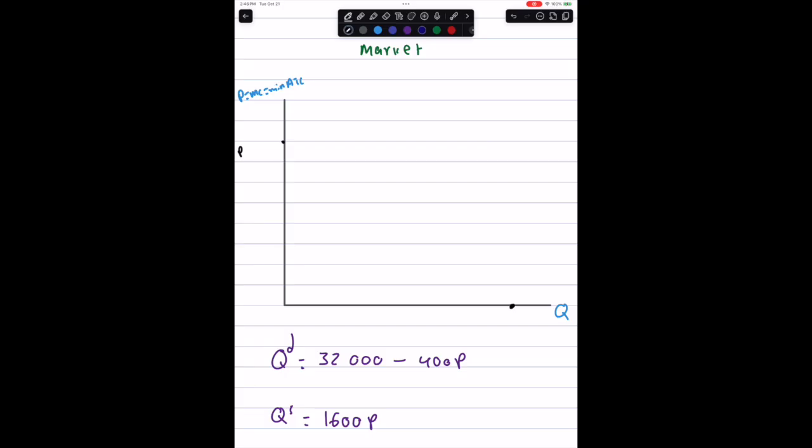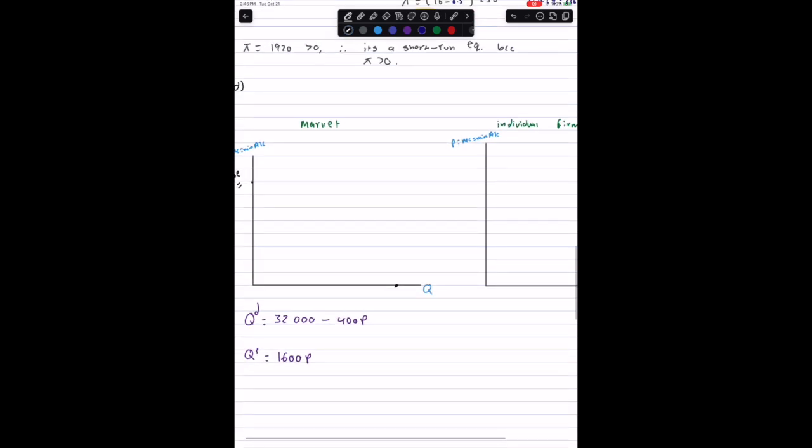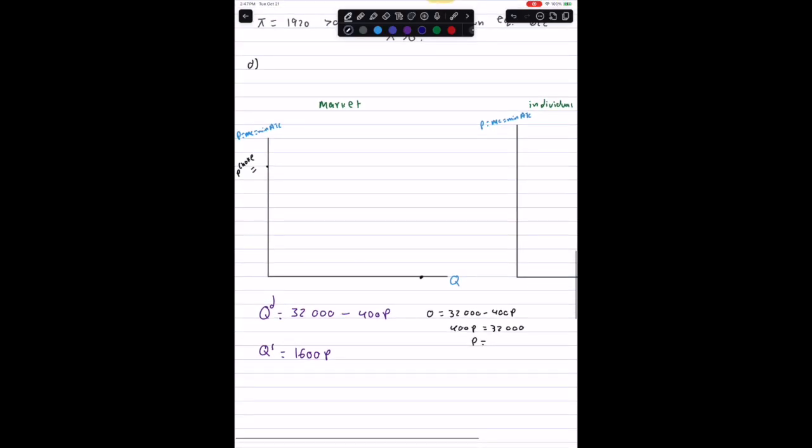We know that our price choke is going to be equal to the price which makes quantity equal to zero, right? And that's just the vertical intercept is what we're calling it. So how we'll do that is we'll say, okay, 0 is equal to 32,000 minus 400p, right? 400p is equal to 32,000. Divide both sides by 400. P is going to be equal to 80. So we know our choke price is equal to 80.